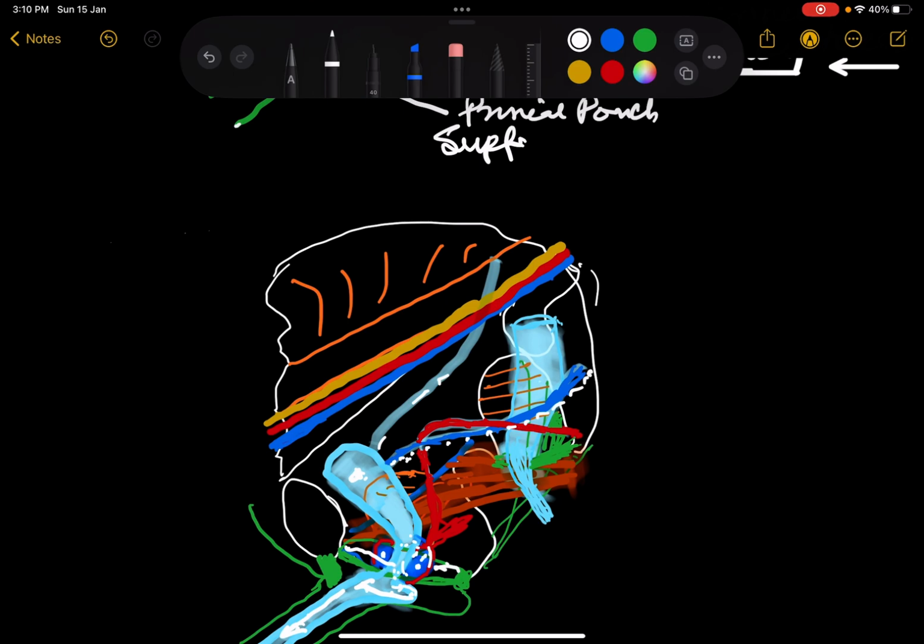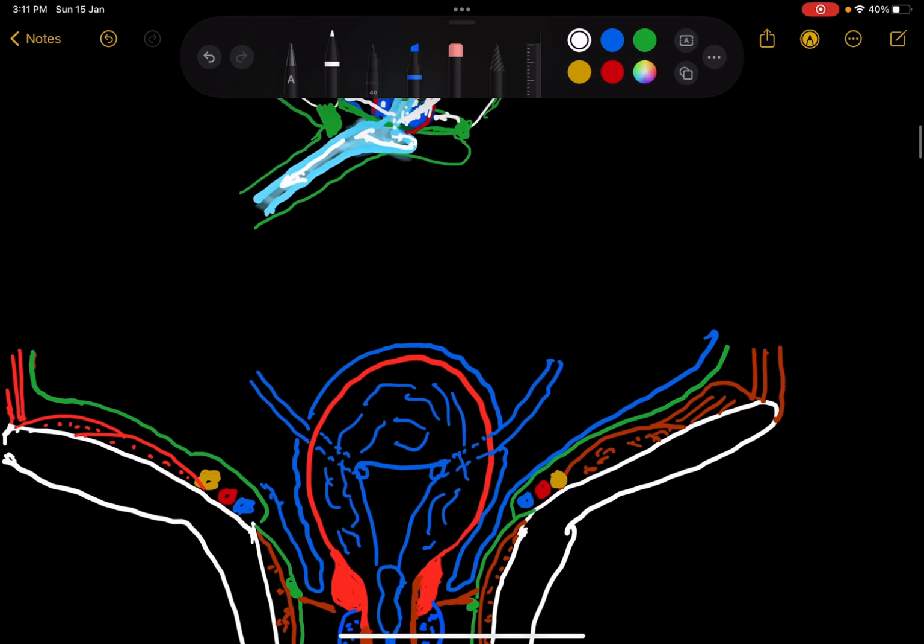So this ejaculatory duct, which opens in the prostatic urethra here, is formed by the vas deferens and the seminal vesicles which store the sperms. So this is the ejaculatory duct, and this is the vas deferens, and here is your vas deferens coming. So this prostatic urethra provides sperms also which go through the penis. So it also provides for reproduction in the male.